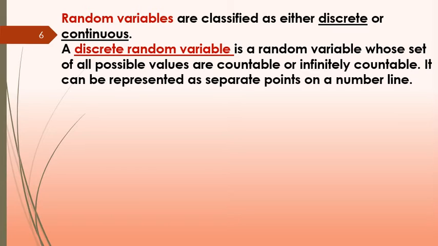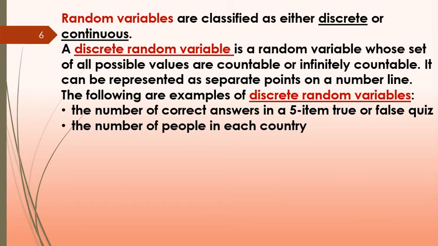It is a random variable whose set of all possible values are countable or infinitely countable. It can be represented as separate points on a number line. From the word countable, the values can be counted. Example.